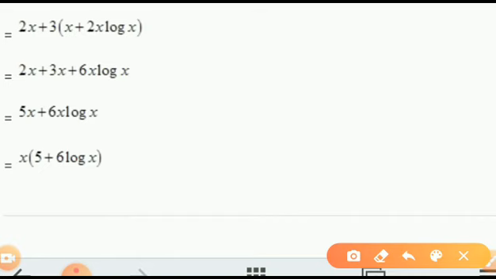You will get the answer as 5x plus 6x log x, or x into bracket 5 plus 6 log x. Here itself you can stop. Okay, it's not necessary to take that x outside. Is that clear?